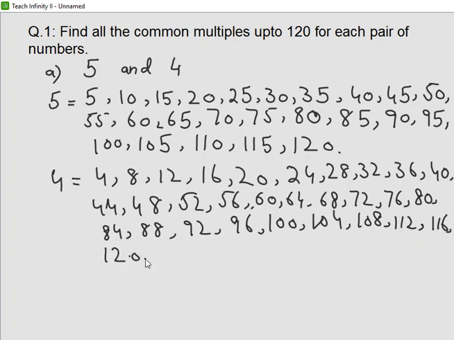Now the question is, we have to find the common multiples up to 120 for each pair of numbers.